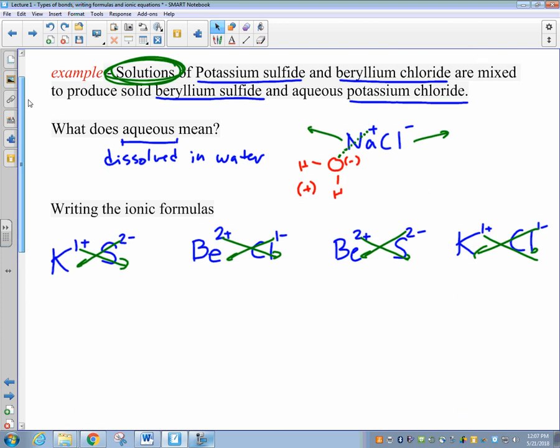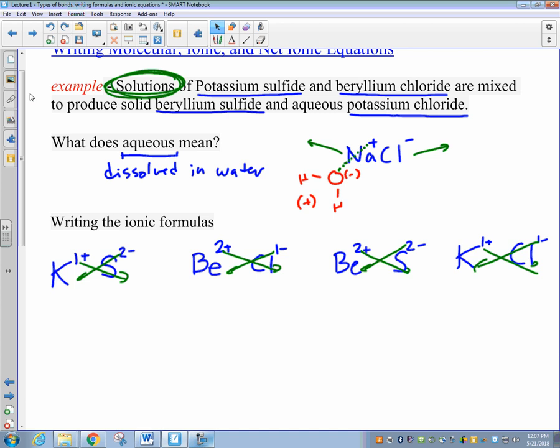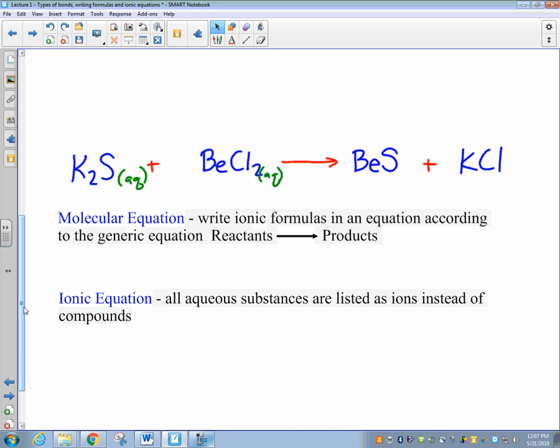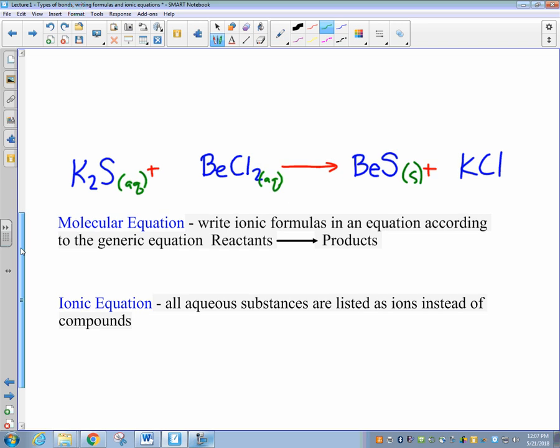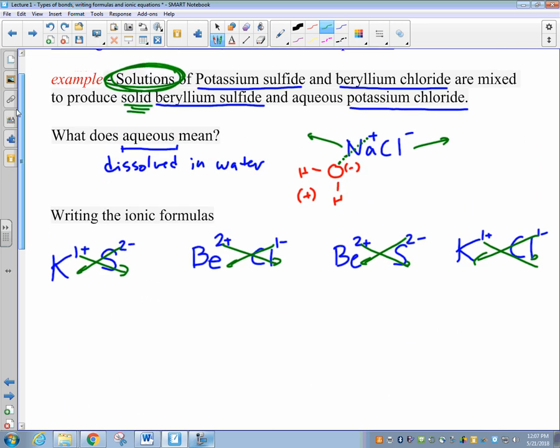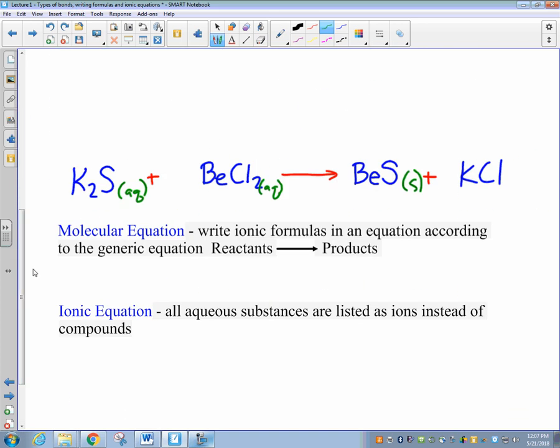Beryllium sulfide in the problem was stated to be a solid, that is, the thing forming our precipitate. So we'll show its state of matter as a solid by putting a little s in parentheses. And then last but not least, our potassium chloride was also labeled in our word equation as an aqueous species, so we'll label it with a little aq for its state of matter.